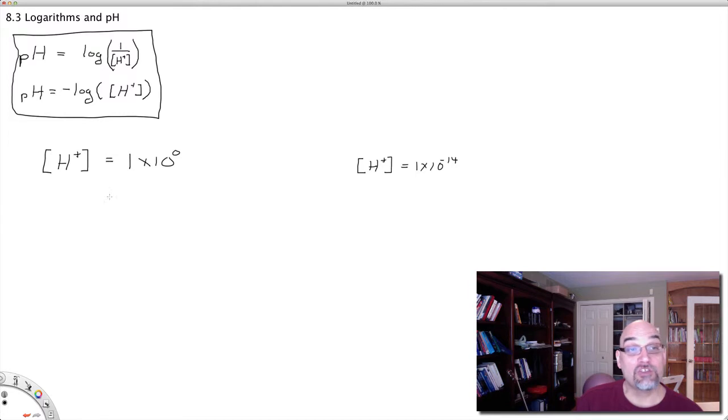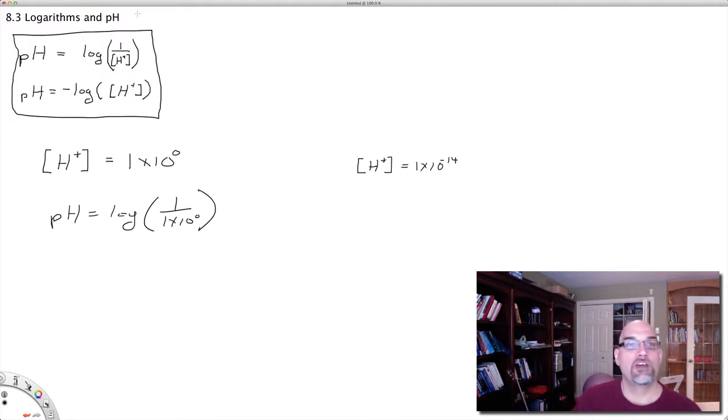So the pH of a solution is defined to be the log of 1 over the molar concentration of hydrogen ions, according to this formula right up here. So if I have something that has a lot of hydrogen ions, it's going to be very, very acidic, and the pH I can calculate by taking the log of 1 over that number.